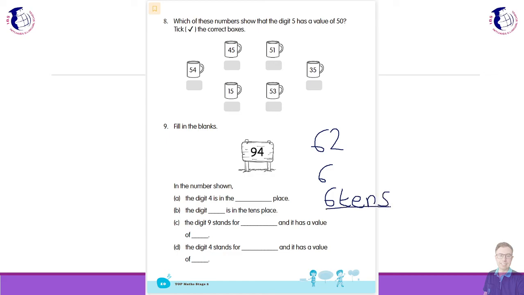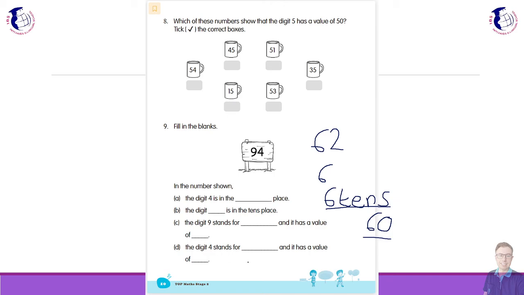So that would be the answer to this one. The digit 6 would stand for 6 tens. So you can hopefully use that as a guide for this one. And my 6 would have a value of 60. So there are 6 tens. All you got to do when you have got tens is put a 0 on the end to the right hand side, and that gives you the value.